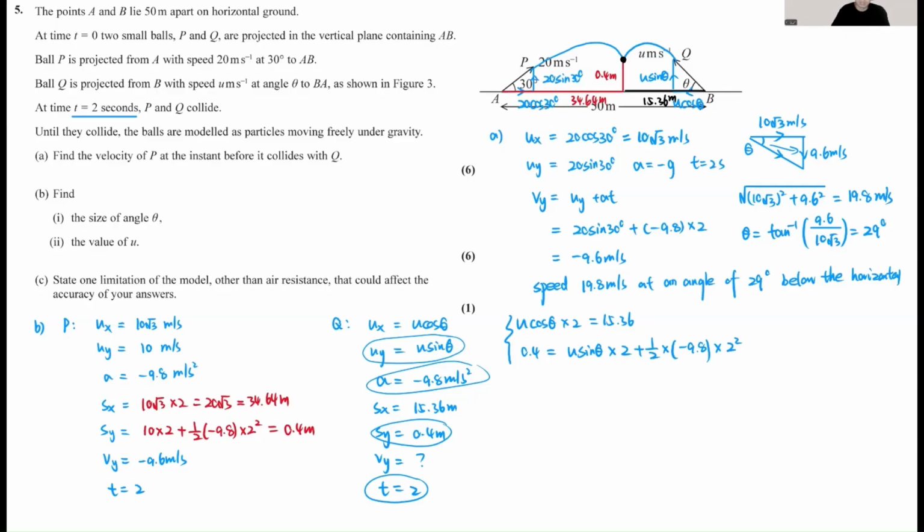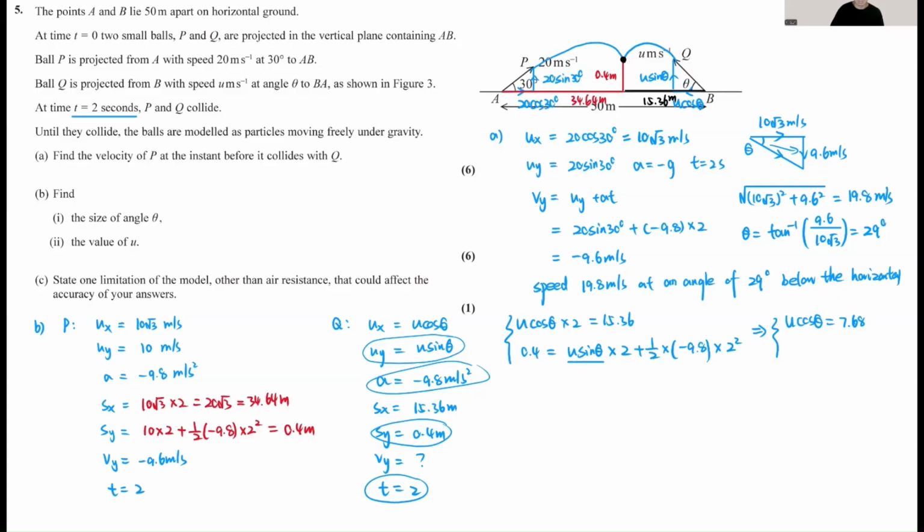So for the first equation, if we simplify, we have U cos theta is equal to 15.36 divided by 2, which is 7.68. And then for the second equation, we can try to make U sin theta the subject. Then if you have U sin theta and U cos theta, you can try to make it into tan. Yeah, that's what we want.